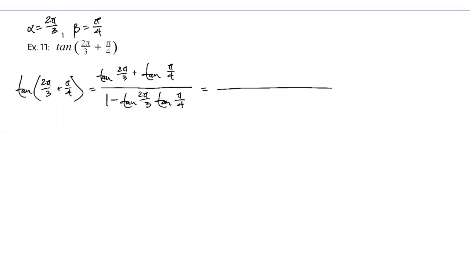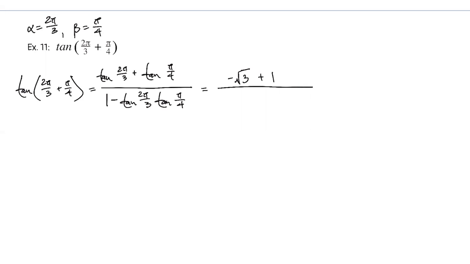So what is tangent of 2 pi over 3? Negative root 3. Yeah. So we should get a negative root 3 for that. Okay. And tangent of pi over 4, well, that's just 1, right?